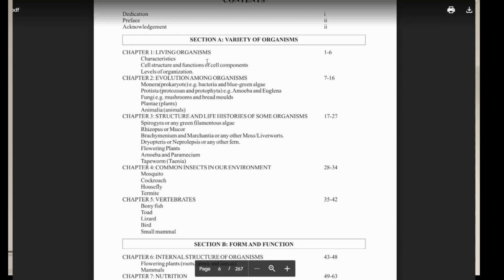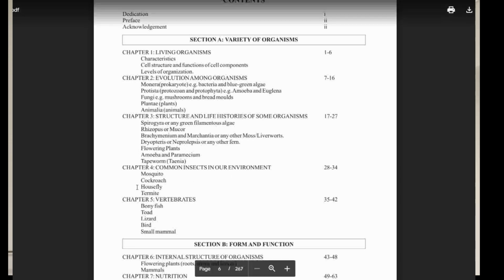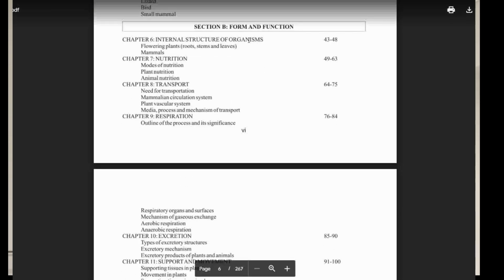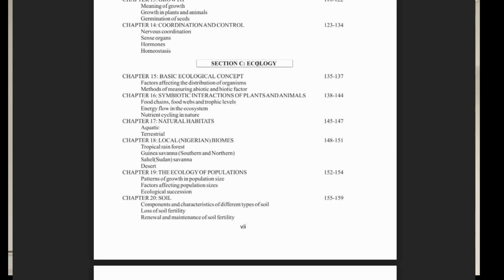You have living organisms, evolution among organisms, structure and life history of organisms, chapter 4, common insect and environment, and chapter 5, vertebrates. And section 2 is form and function, and these are all the topics under form and function. If you move down to section 3, you have ecology, and chapter-wise you see all the topics on ecology have been treated.